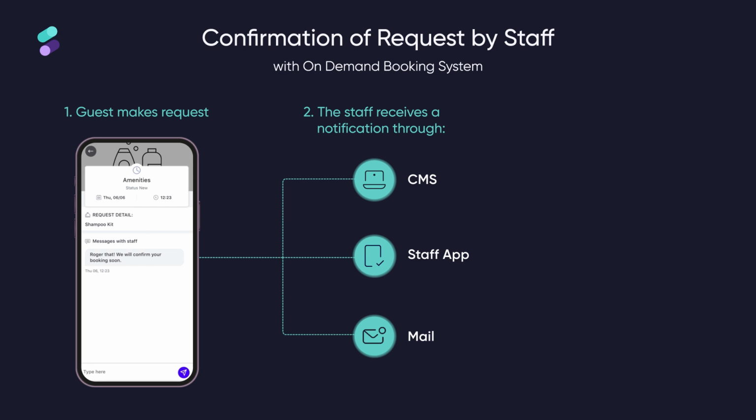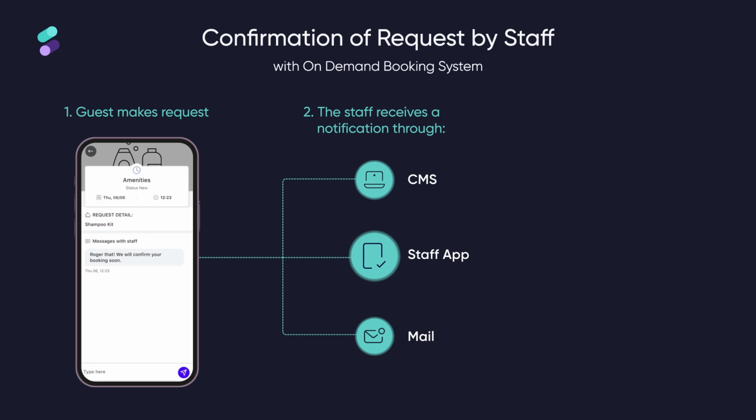For instance, if your staff members have mobile devices like smartphones or tablets, we recommend using the staff app. This allows the staff to receive notifications while being in any part of the hotel. Another common scenario is when the front desk staff or the front desk manager primarily work in front of their computers, managing everything through these static devices.